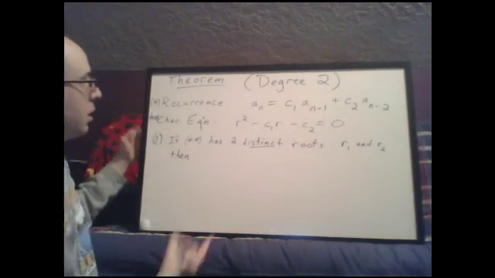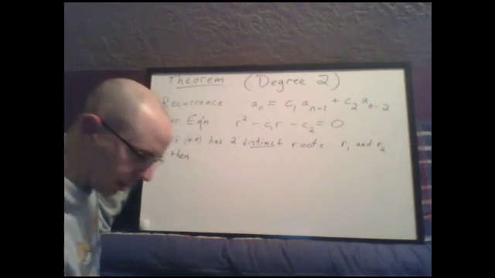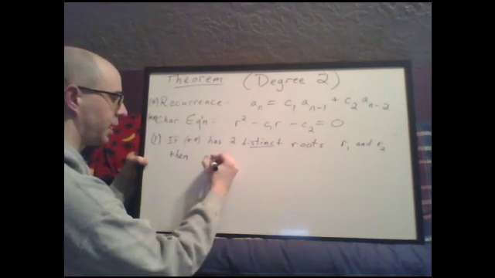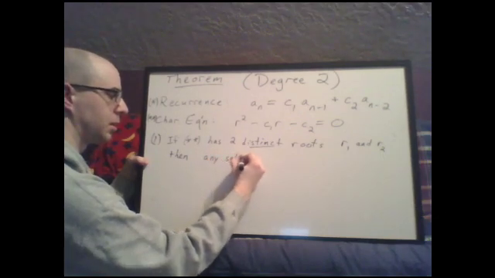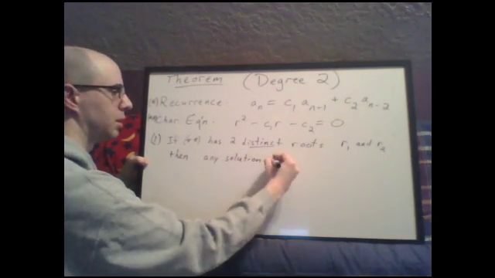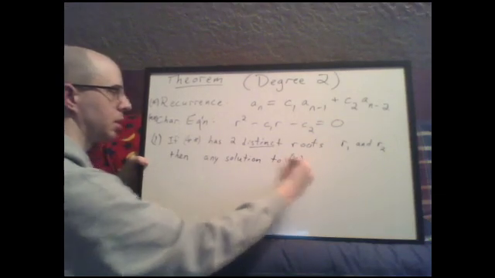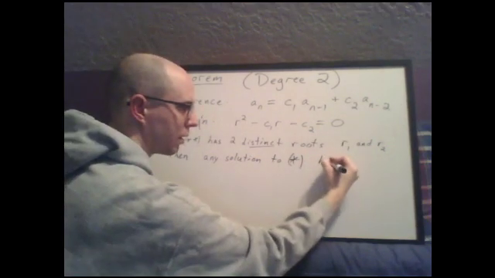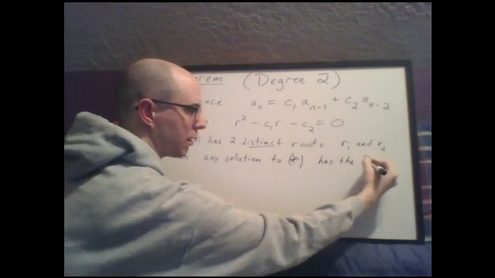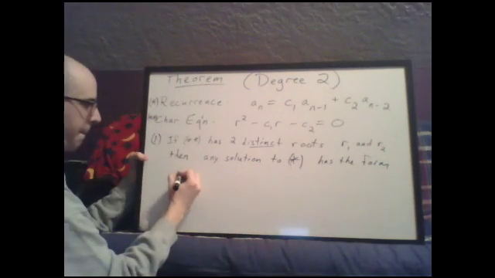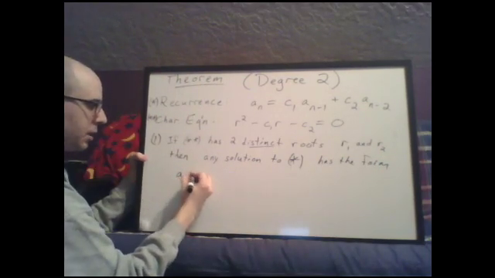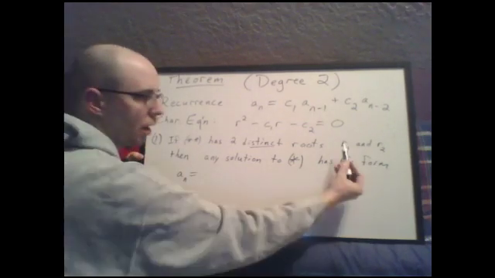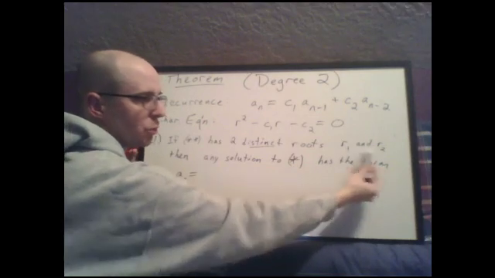then any solution to the recurrence star has the form a_n equals a linear combination of exponential functions with these roots as the bases.